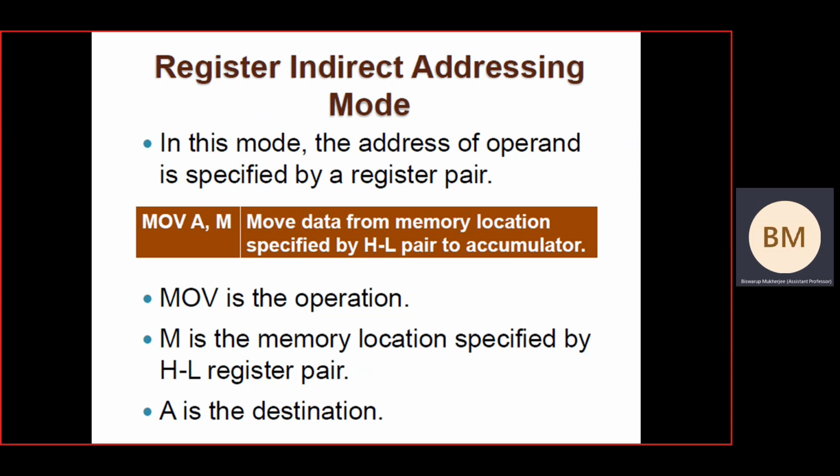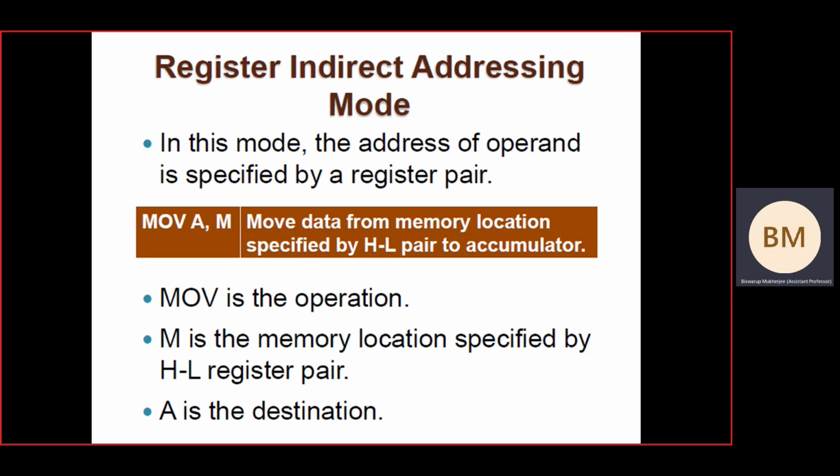Now what you are actually providing in the instruction is: go to that particular register pair, find out what address is given on that register pair, and then pick the data of that particular address location and load it in the accumulator.